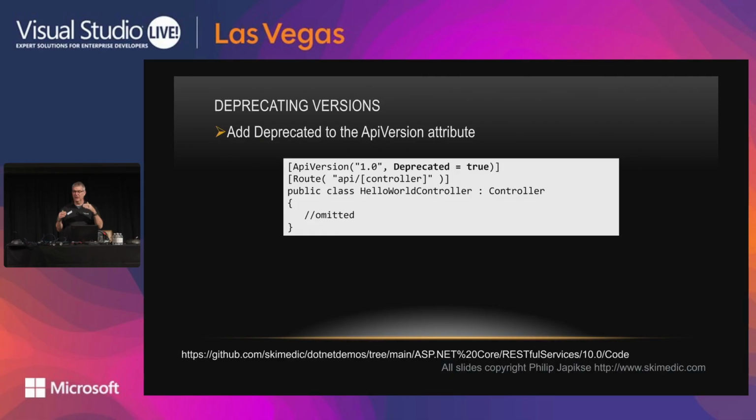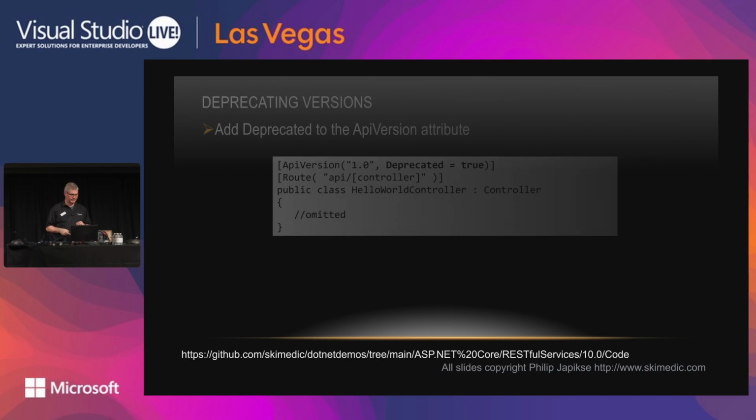So you're going to want to mark every single one of your API version 1.0 attributes with Deprecated equals true, right? Because if you got one that is marked deprecated, one that's not deprecated, the deprecation wins, but the documentation that we have doesn't always pick that up. Does that make sense? Again, another reason why you should do this at the controller level and not all the action methods.